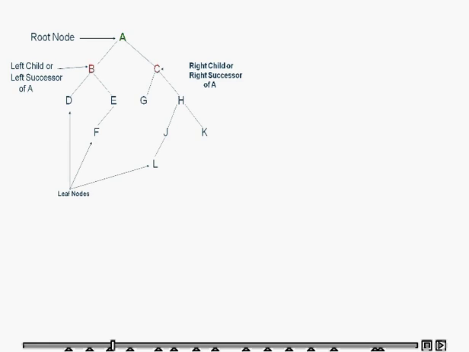Again, we repeat some of the basic concepts of tree. A is the root node. This B is the left child of A, also called the left successor of A. This C in red color is the right child or the right successor of A. The nodes L, F and D are distinct from other nodes in the sense that these are the nodes where the tree is ending.